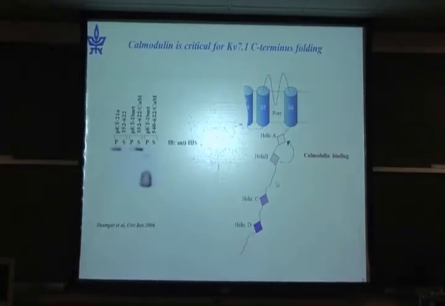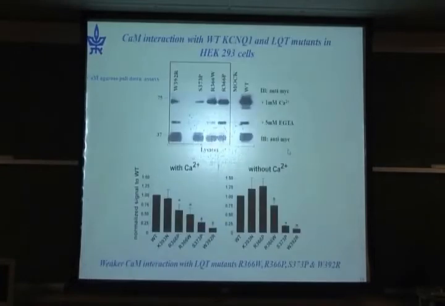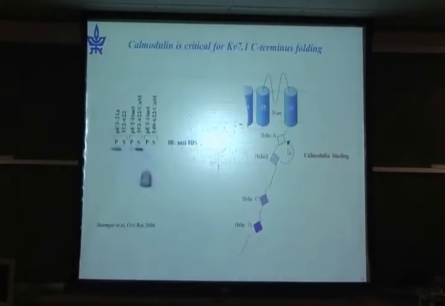When you express it in bacteria and try to make a paste and purify this protein, it's very difficult because everything goes into the inclusion bodies.